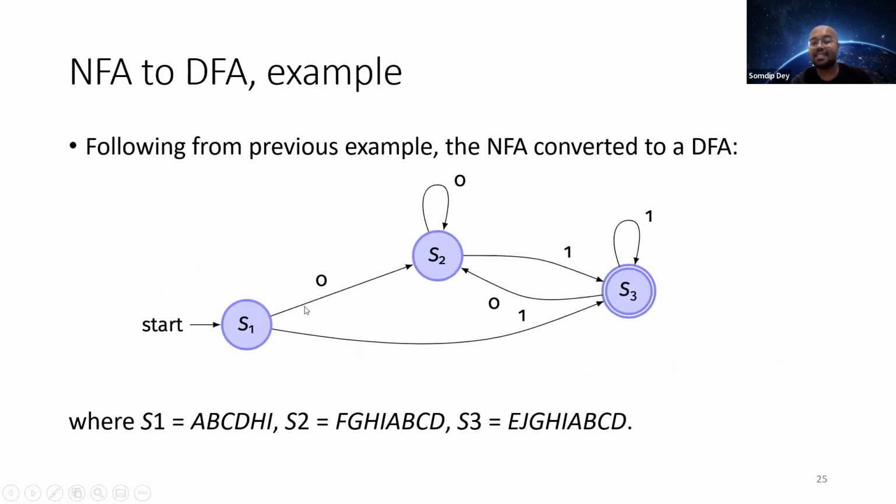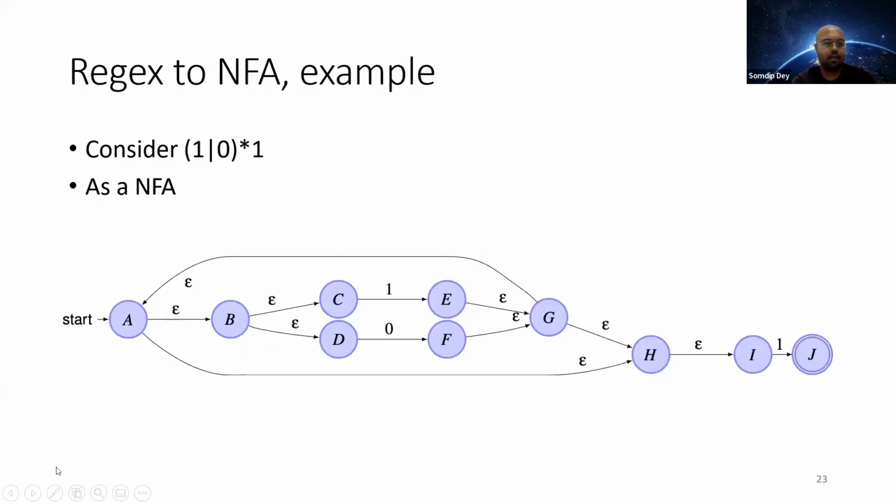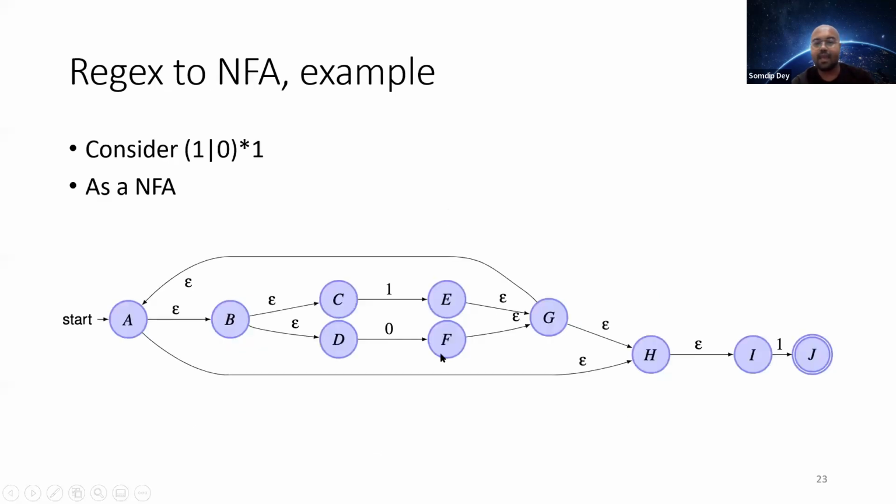And then the next state that we determine is the S2, where within the S2, we are consolidating F, G, H, I, A, B, C, D. So if we go back, F, G, H, I will be F, G, H, I, A, B, C, and D. So let's imagine that we are putting these states together to create one state, so that we do not have to make any epsilon move nor have multiple transitions.